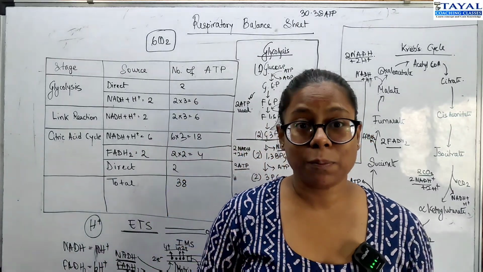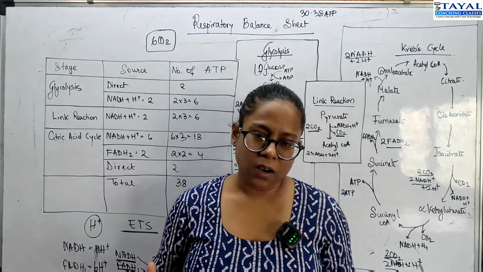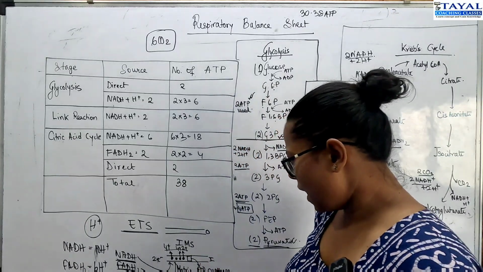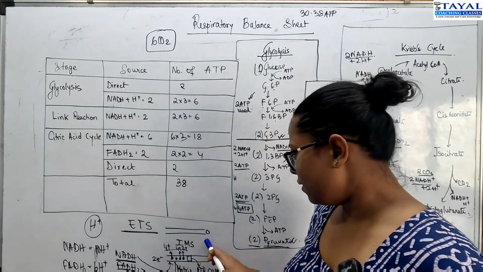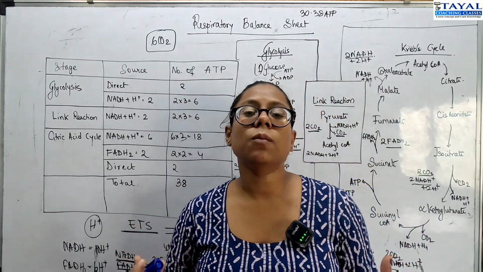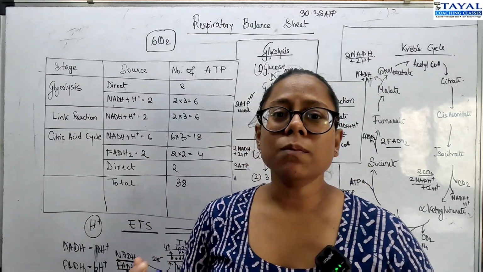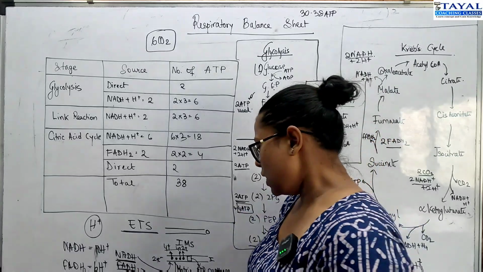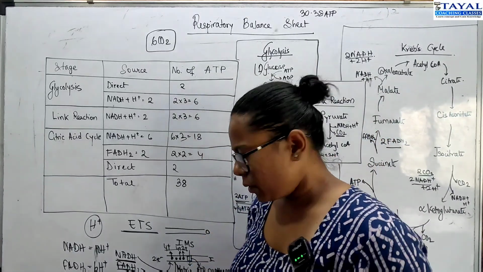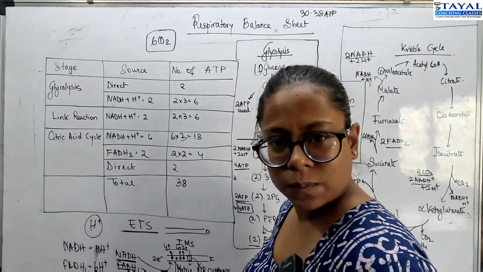Now what happens during the electron transport chain such that ATP is generated? So you have a proton gradient generating in the IMS, intermembrane space. The amount of proton becomes more and more, which results in the movement of proton through the ATP synthase, because there is more proton here and less here, right?